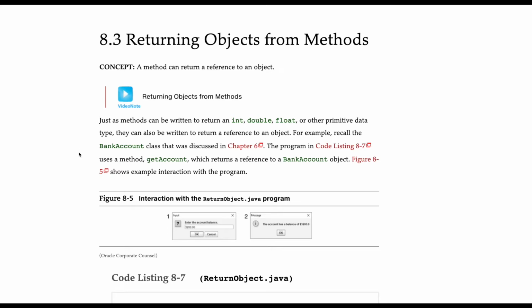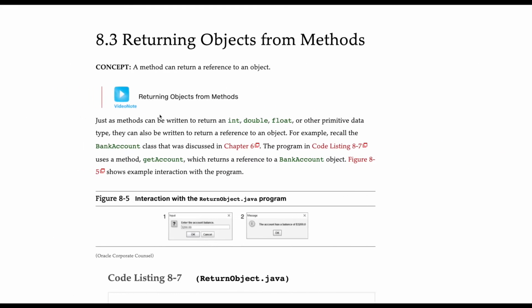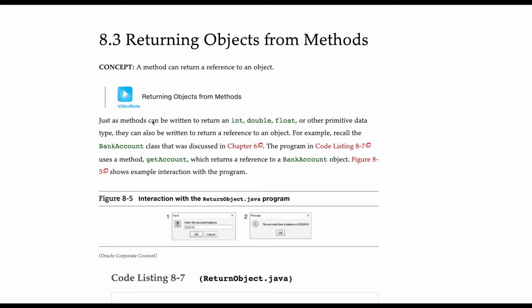So moving on here with chapter 8, we're going to talk about returning objects from methods. This is page 503, and it barely takes up any space at all. For any of you who have had me in previous classes, you know that I believe very strongly in the inverse importance ratio of textbooks and concepts.